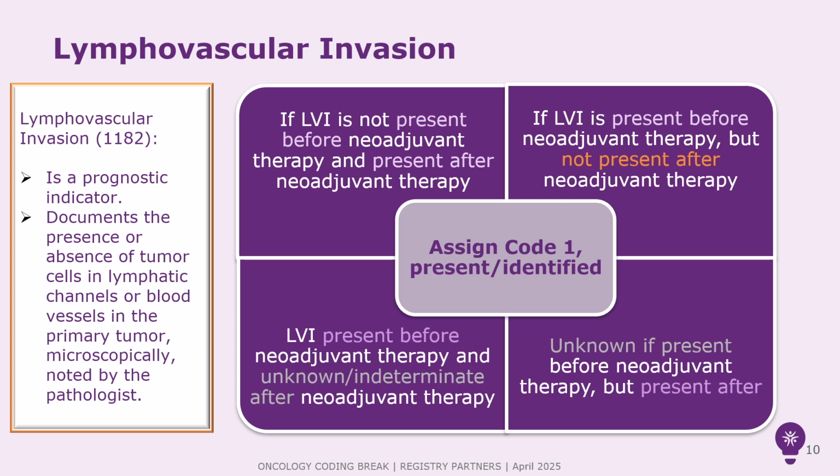If LVI is present before neoadjuvant therapy but not present after neoadjuvant therapy, we can assign 1. If LVI is present before neoadjuvant therapy but it's unknown after neoadjuvant therapy, it is a 1. And with our case example, if it's unknown prior to neoadjuvant therapy but present after, we assign code 1.